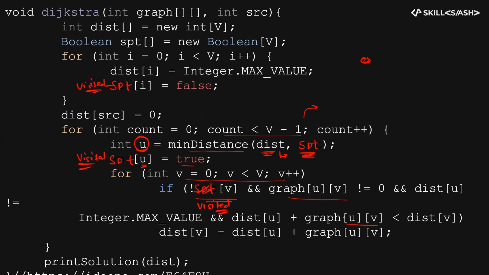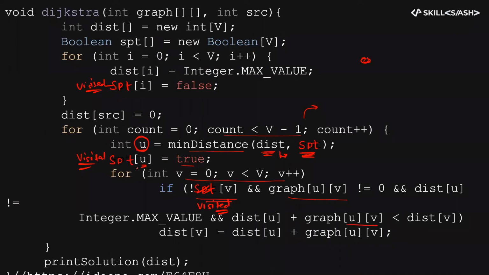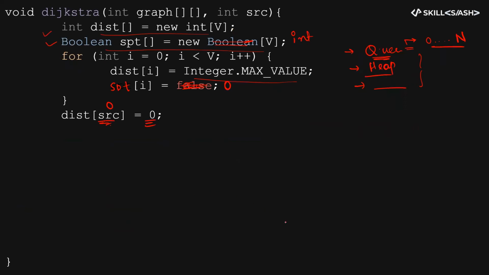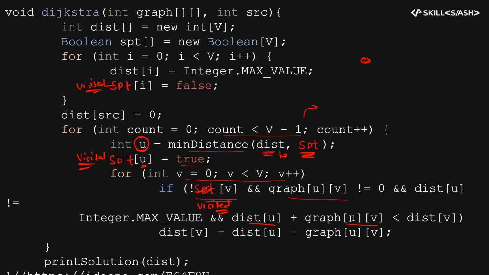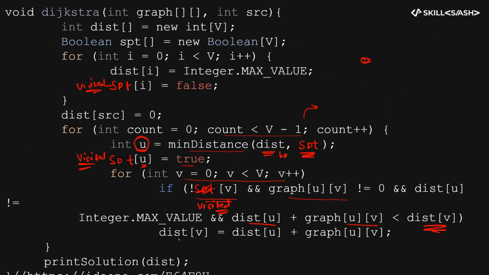Graph of UV, that is the edge value, and the distance of U, whatever distance I have found so far for U. Let's say if I'm starting from 2, 2's distance was 3. So let's say this is U, so its distance is 3. 3 plus the graph value for all the nodes. If it is less than the already existing one, then I'll update it.